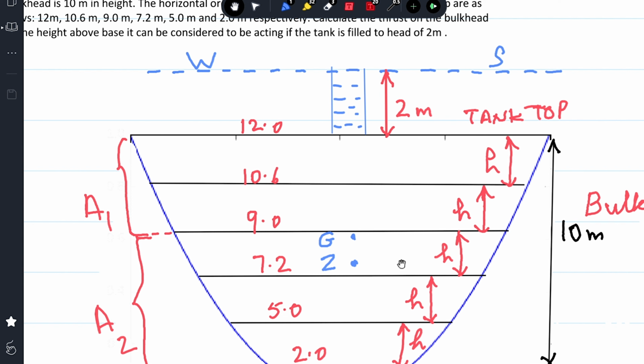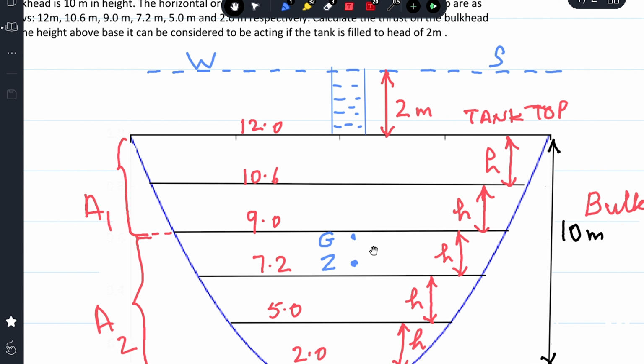Another method is that you take the levers from tank top, like normally you do in Simpson's rule. If you take the levers from tank top, then you will have to apply theorem of parallel axis 2 times. You will get the moment of inertia about tank top. Then you will have to get the moment of inertia about the axis passing through the centroid by applying parallel axis theorem.